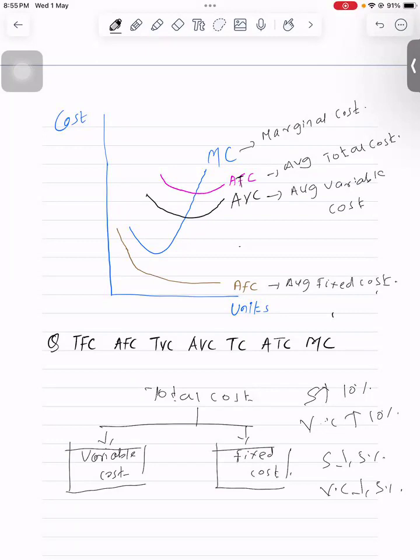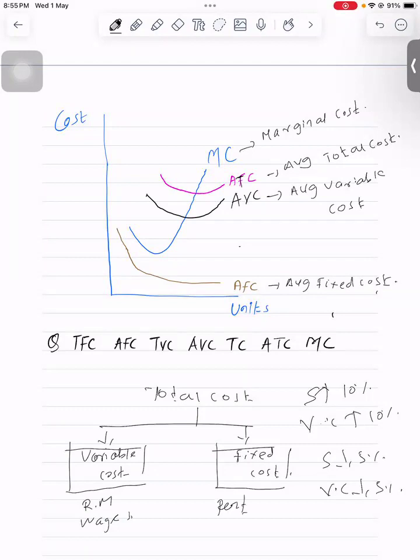Now, what can be the example of variable cost? Examples can be raw material and wages. If you produce more units, you need more raw material and more labor, so raw material and wages will increase. What can be the example of fixed cost? Fixed cost example can be rent.